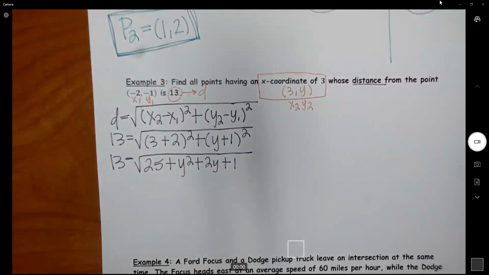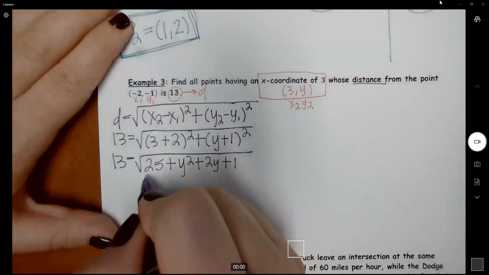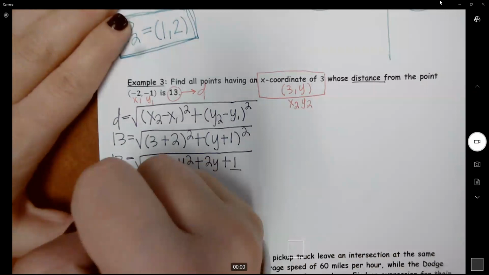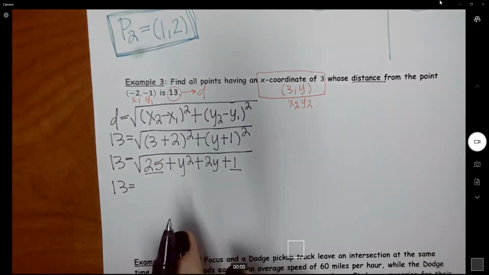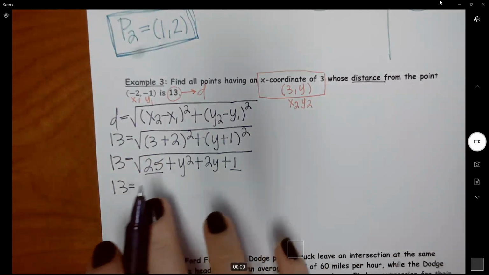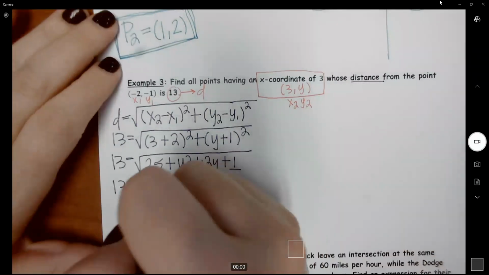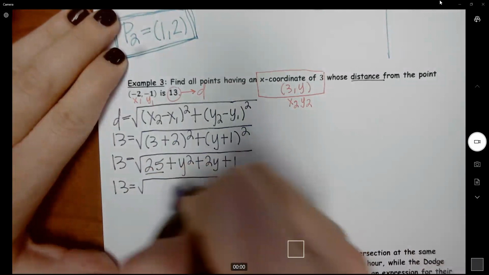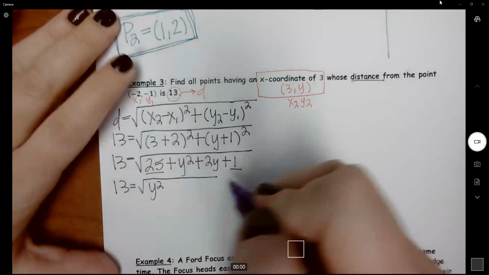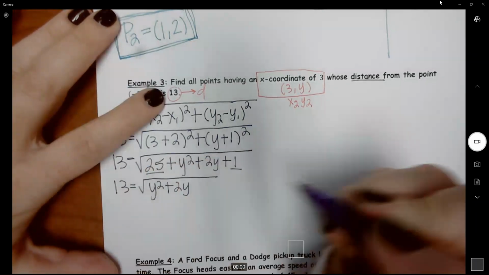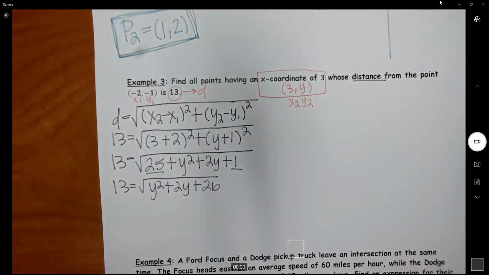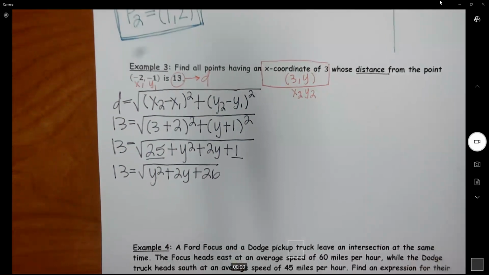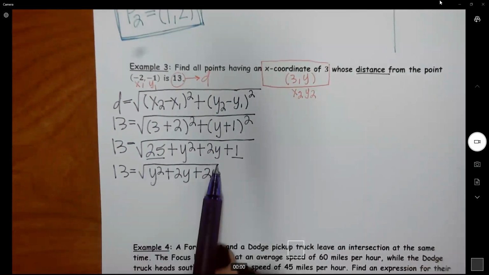Now I can combine my like terms. 25 plus 1 is 26. I'm going to put this in standard form here, so this will be y squared plus 2y plus 26. Now I need to get rid of the square root.